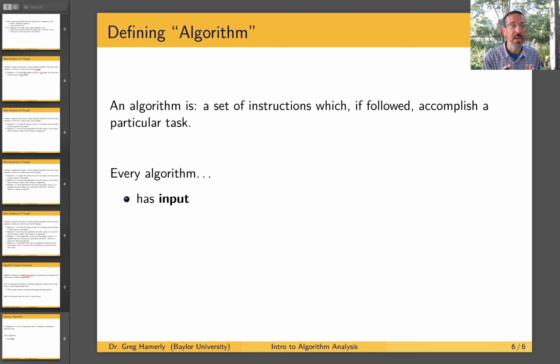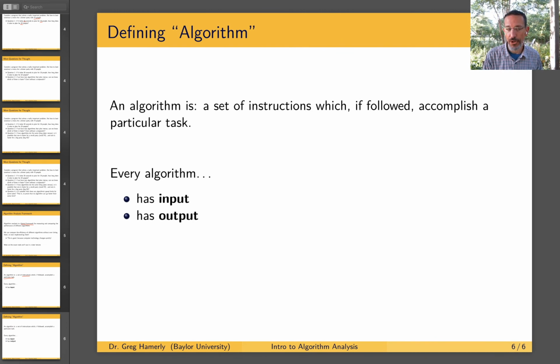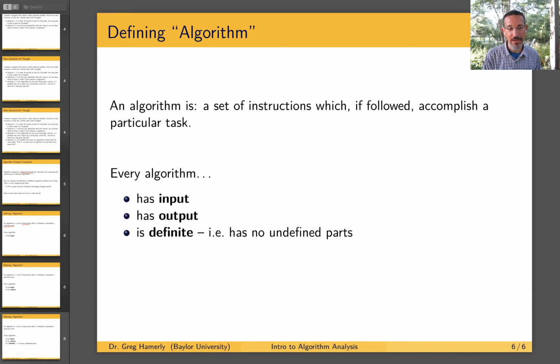Let's define what we mean when we say algorithm. An algorithm is a set of instructions which, if followed, accomplish a particular task. It has a few key attributes. Every algorithm has some input, has output, and it is definite. When we say it's definite, we mean that all the parts are defined. There's no point at which we say, wave your hands and something magical occurs.